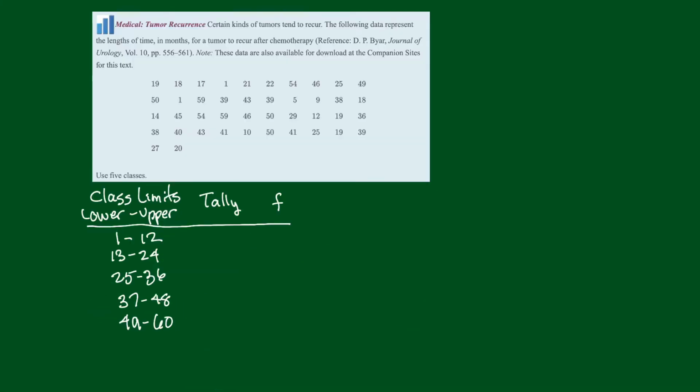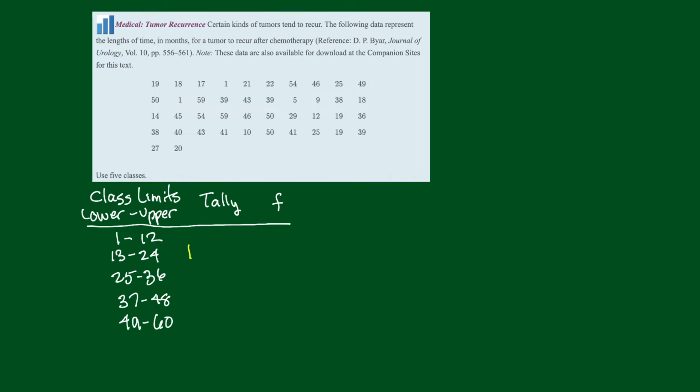So what I've done here is I just brought back the data set, and I've written this little table down here. Here's my class limits. Now I'm going to tally this, and this is a count. It's easy for things to go wrong here, at least for me, because I miss some numbers sometimes. I'm going to go down the columns, counting the number of pieces of data in each class. So 19 belongs in this class right here, so I'll give that a tally mark of 1.